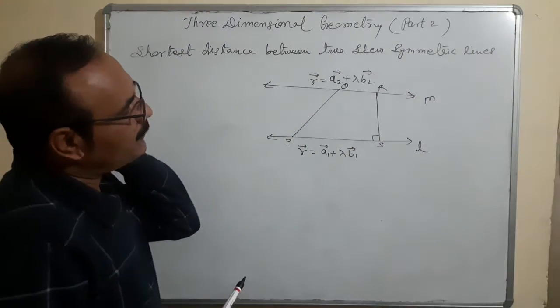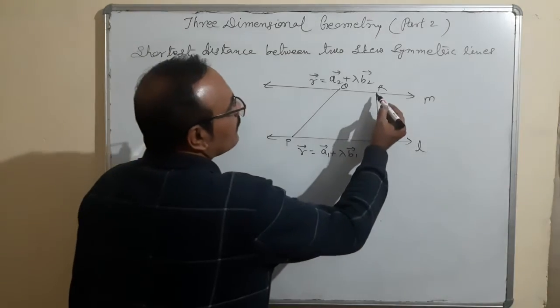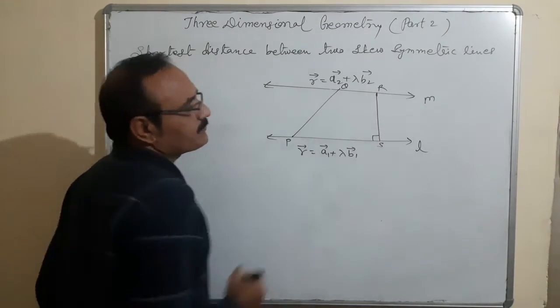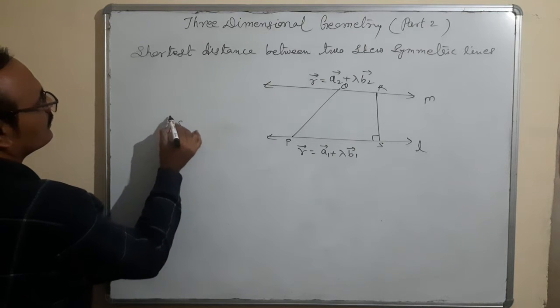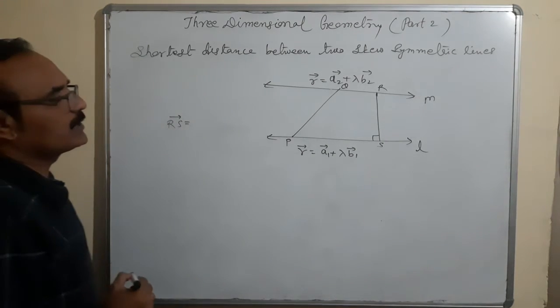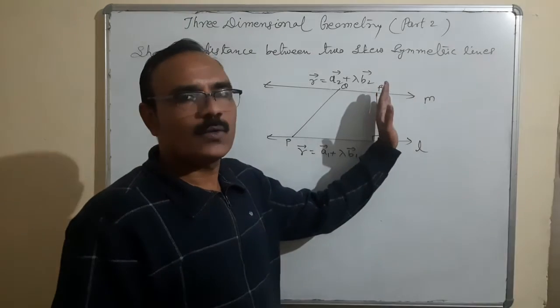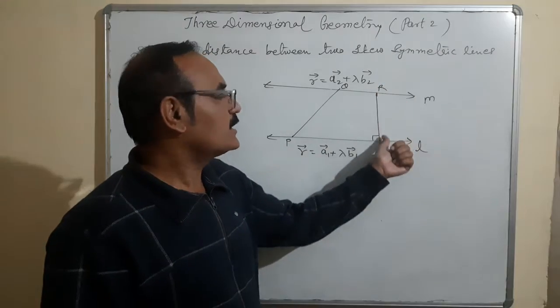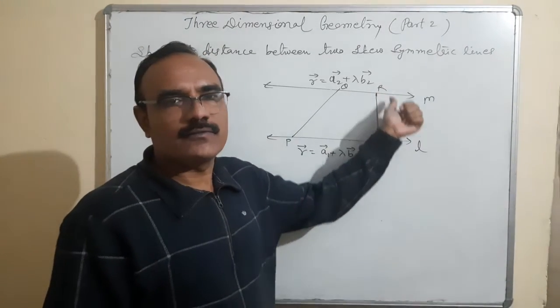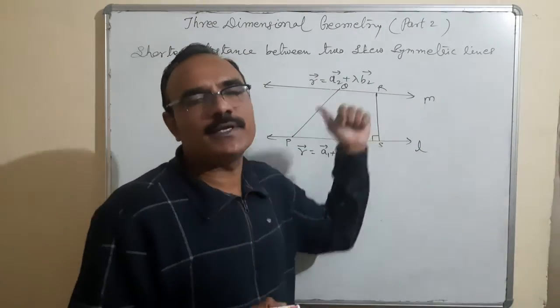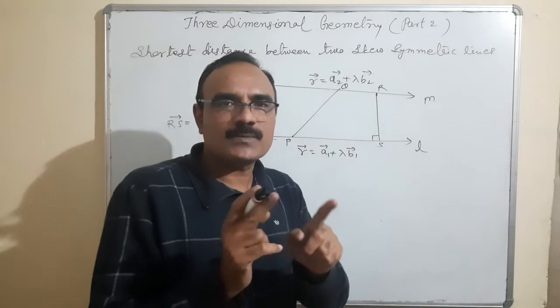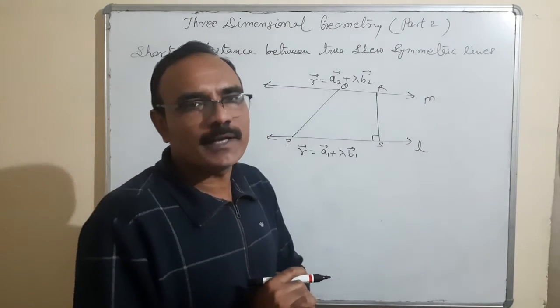So simply, if I want to find vector RS, what is this? This is the vector along the line which is perpendicular to both the vectors b1 and b2, and that is a unit vector perpendicular to both b1 and b2.